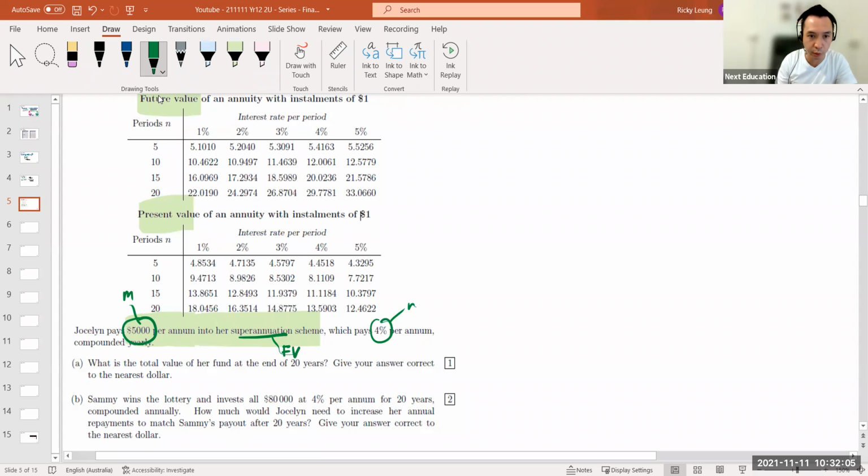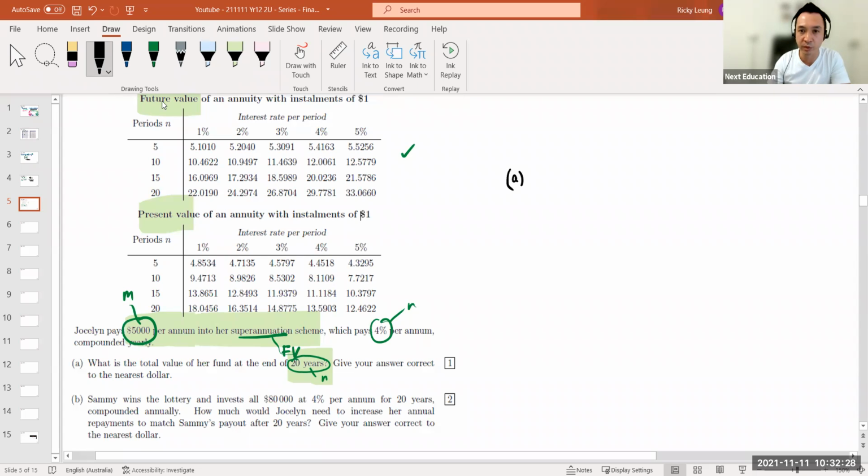What is her total value after 20 years? And that's the last piece of the puzzle. That is N. So we're going to use the future value first. I don't even think we use the present value in this question. I think it's just there to confuse or mislead you.